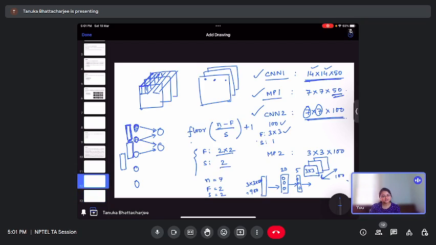Now, after the CNN2, we have the max pooling 2, which also does not have any weights involved. After this, we are flattening the output and passing it through the fully connected layer. If we write the first one as FC1, that is taking a 900 dimensional input, and it has 20 units in this particular layer.